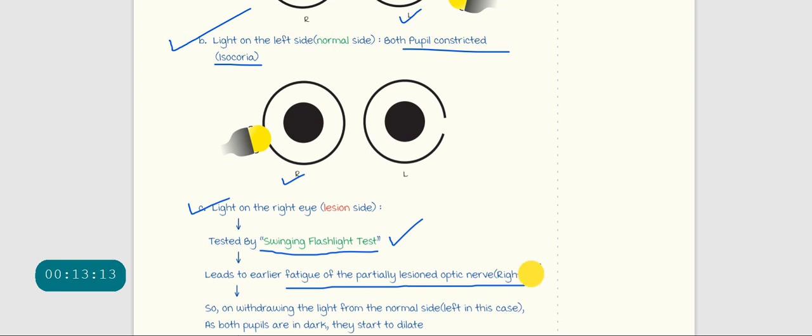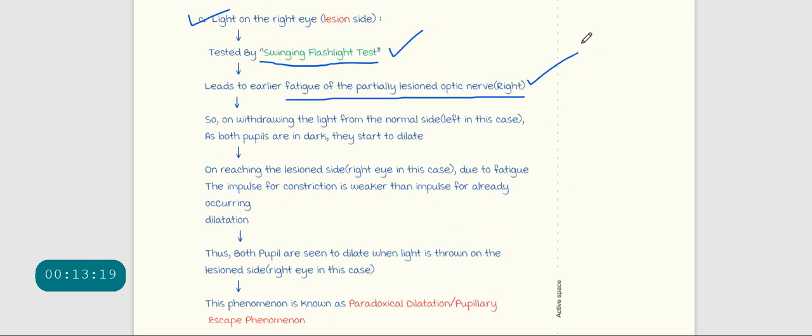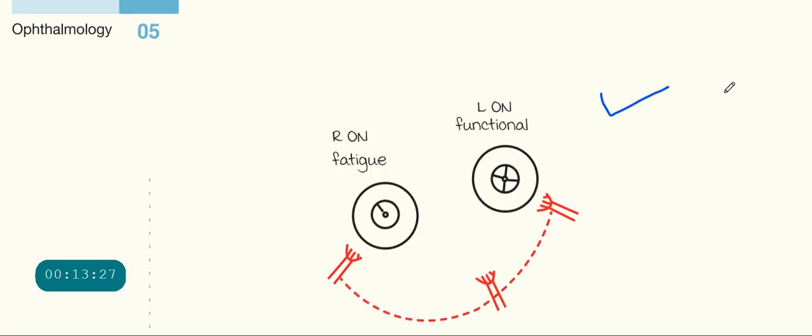So leave the theory part. Let us discuss this thing with the help of a beautiful diagram. Here is the diagram clearing up all your theory of this lesion. What is happening over here is very simple: this is your right eye and this is your left eye.